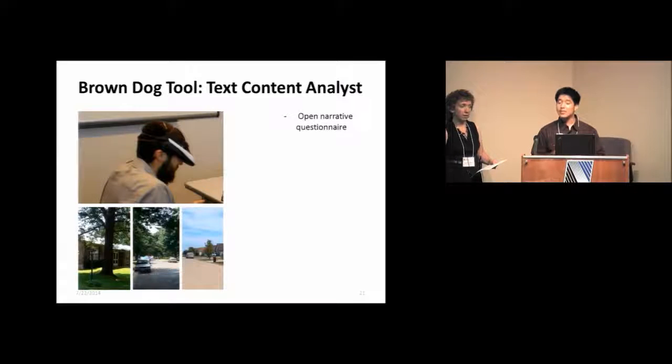And it's an open narrative questionnaire, which means each person has written a paragraph describing how they feel. So now with the Brown Dog tool, it can use sentiment analysis to come in and start taking our data and analyze the relationship between what they like or don't like about this green infrastructure area.